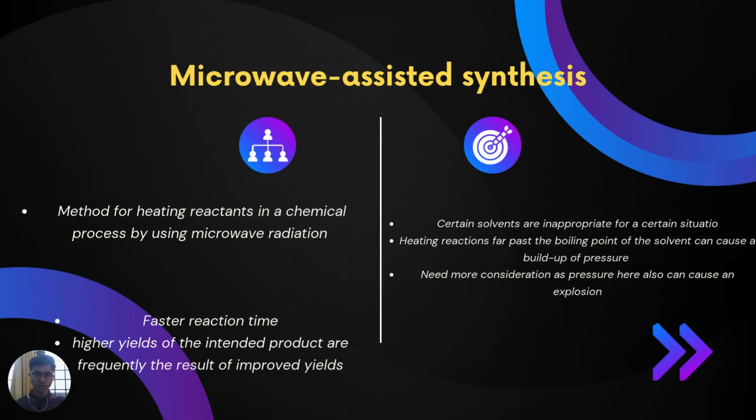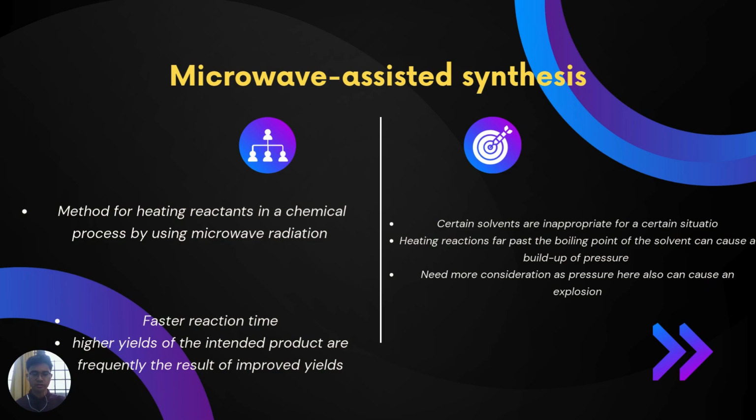So we move on to the next part, which is microwave assisted synthesis, a method for heating reactants in a chemical process by using microwave radiation. There are many advantages of this method. Firstly, it has a faster reaction time, and secondly, higher yields of intended products are frequently the result.